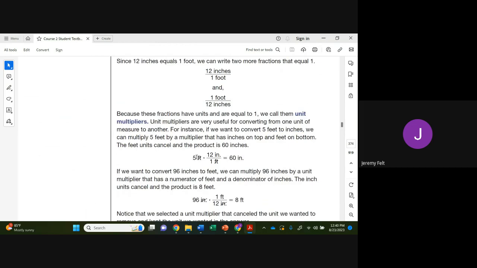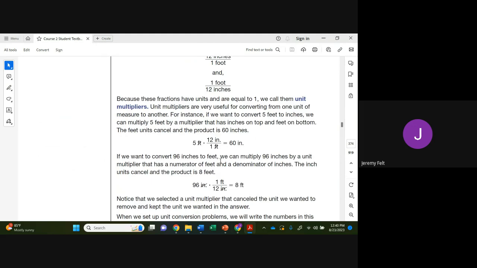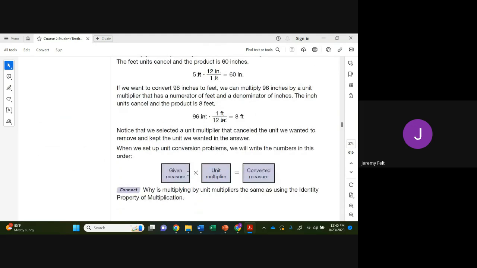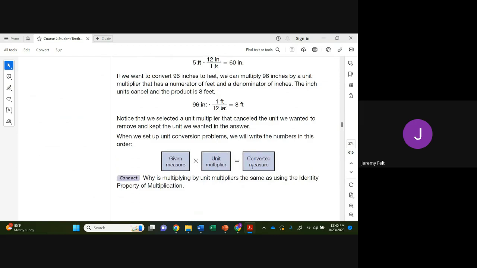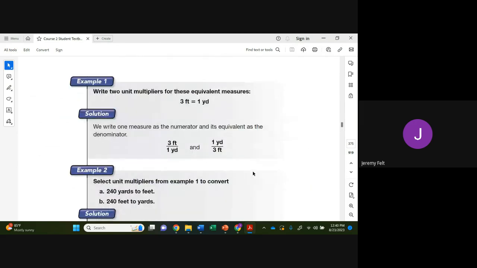Okay, well, 12 inches over 1 foot, that's still equivalent to 1. 5 times 12 inches over 1 foot leaves me with feet and feet canceling out. 5 times 12 inches is 60 inches. So whatever our given measure is, times our unit multiplier is going to give us our converted measure.